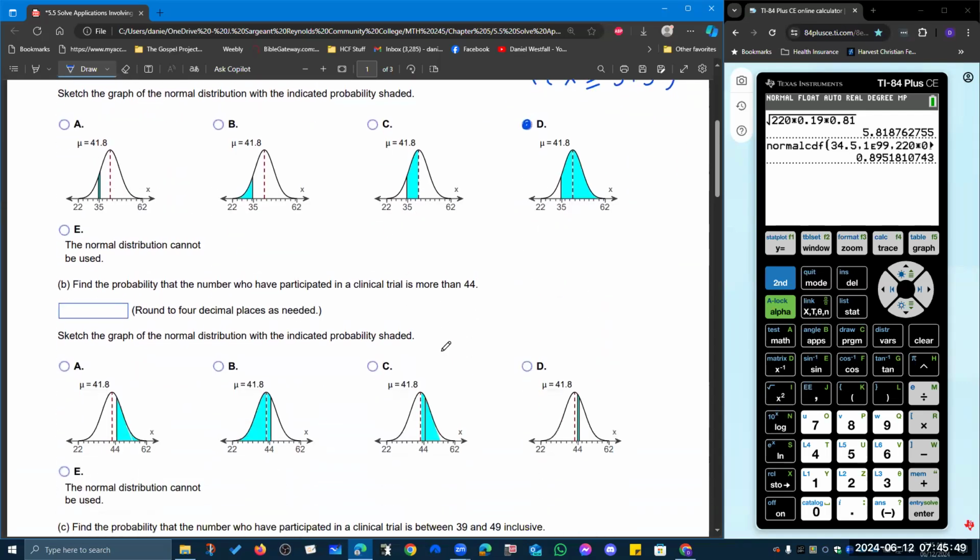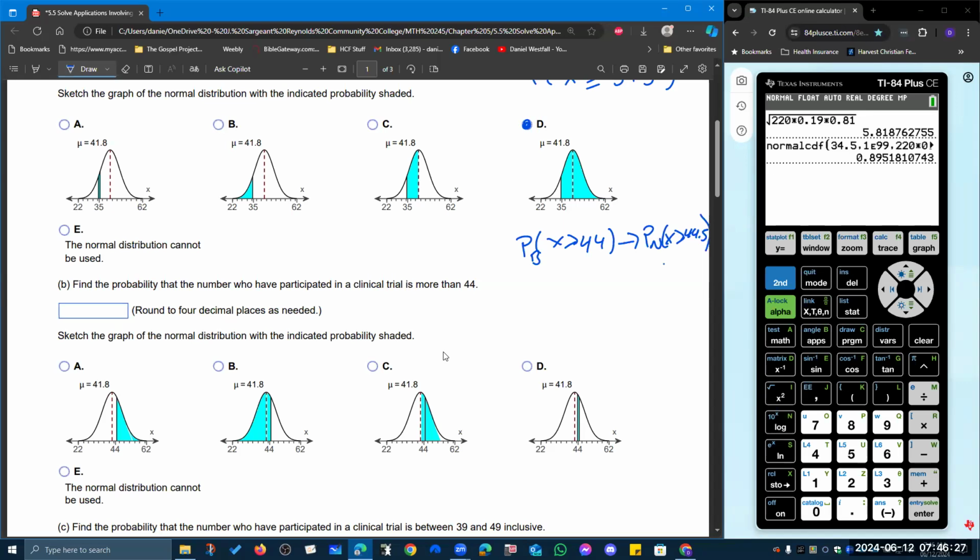Now let's find the probability that the number who have participated in a trial is strictly more than 44. This is binomial. Normally 44 is the a on the left that we would subtract, but this is strictly greater than, so we're going to add. So this is going to be X greater than 44.5.